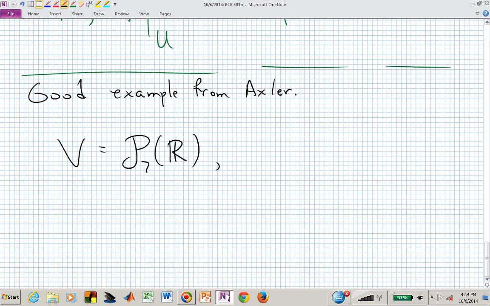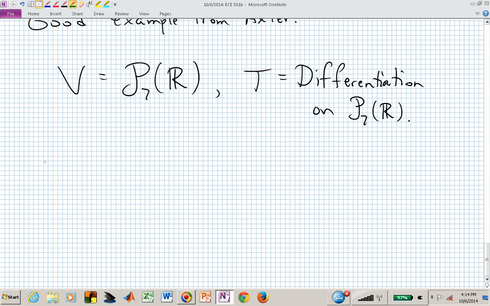And let's say that our linear map T is the differentiation. We know that T is an operator, or can be viewed as an operator, on V, because if we start with a polynomial that's 7th order and we differentiate it, we'll return to that vector space, that collection of polynomials of 7th order or less.